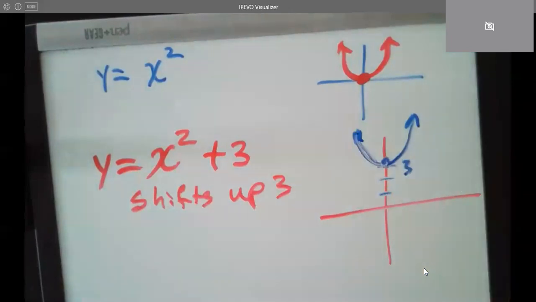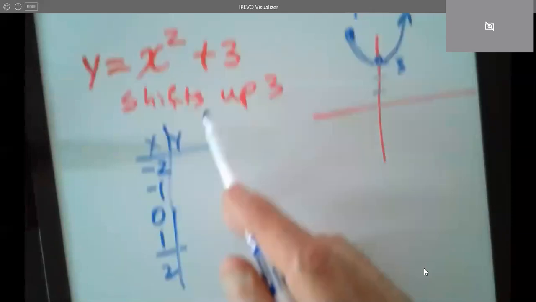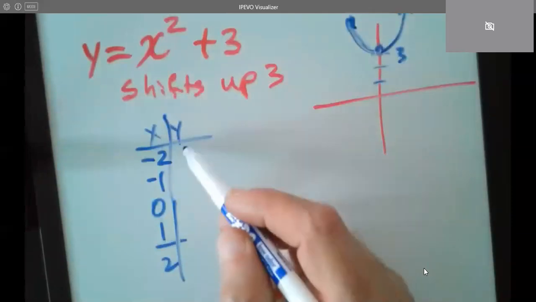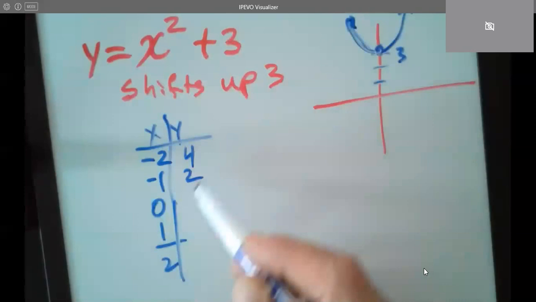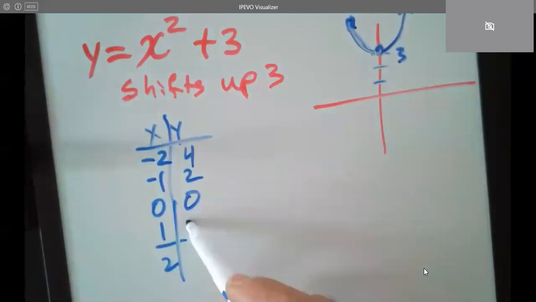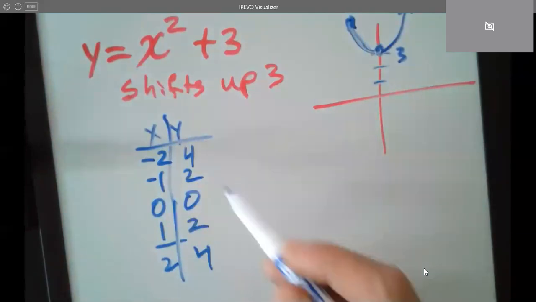In the past, we did a whole table of values to graph a function, where we had x and y, and we put in -2 and -1 and 0 and 1 and 2. Remember that? And then we plugged in these numbers, and then we plotted those points.